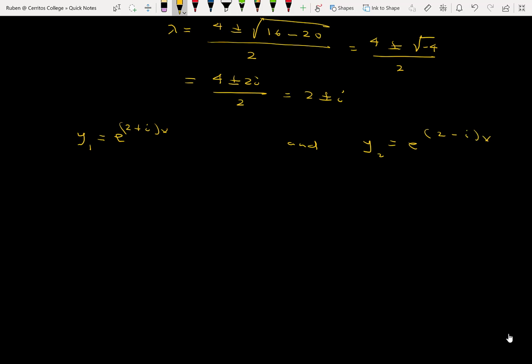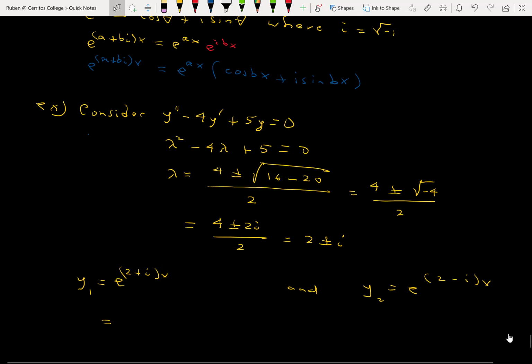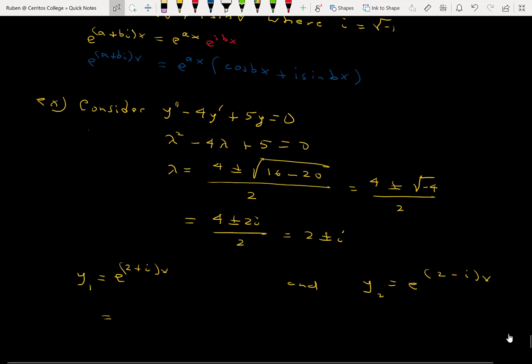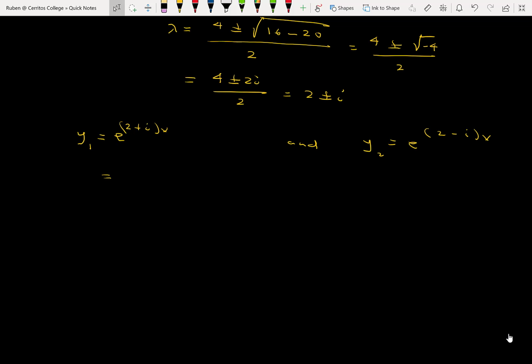And this is actually true. These are two linearly independent solutions. However, we'd like our solutions to be real valued. So we're going to apply the blue formula above, which says e to the a plus bi x equals e to the ax times cosine bx plus i times the sine of bx, to each expression.